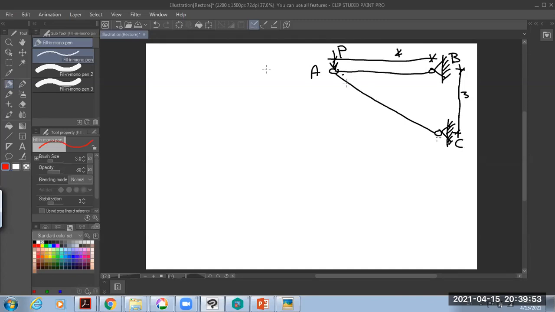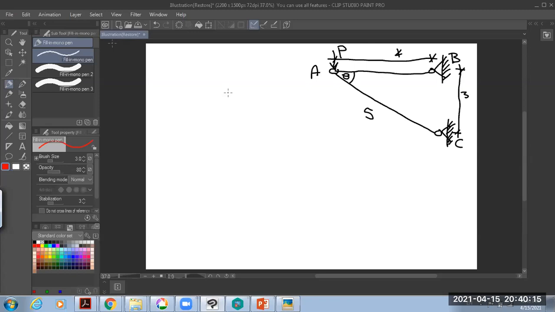I have 2 members, and the angle between the 2 members is theta. So I can calculate AC very simply with Pythagoras: this is 5 meters.